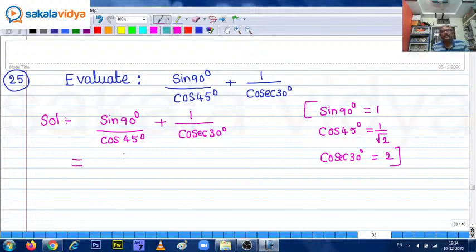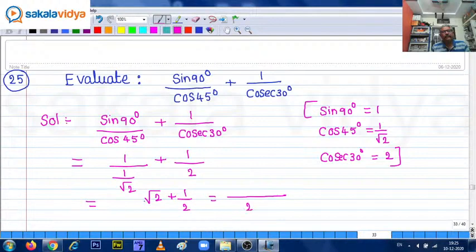Let us substitute: sine 90 degrees is 1, upon cos 45 which is 1 upon root 2, plus 1 upon cosecant 30 which is 2. 1 upon 1 upon root 2 means root 2, plus 1 upon 2. Here 2 is the LCM: 2 root 2 plus 1 upon 2. So this is the answer.